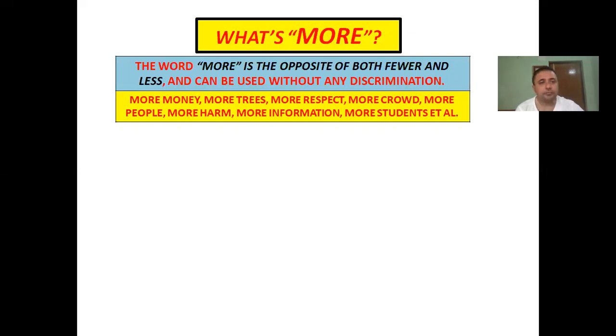So, more money, money is uncountable, still it takes more. More trees, trees are countable, still more. More respect, more crowd, more people, more harm, more information, more students, etc. So if you are not very comfortable using less or fewer, try using more and make sure your sentence is correct.